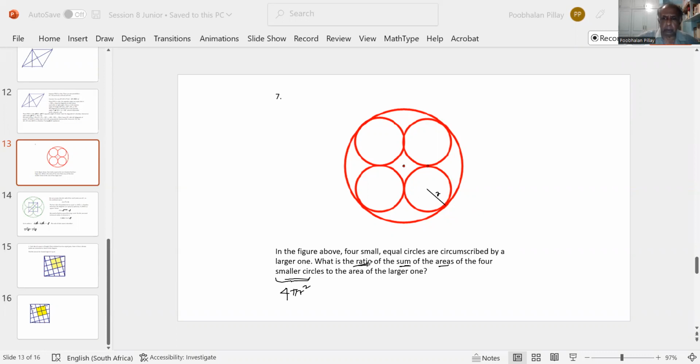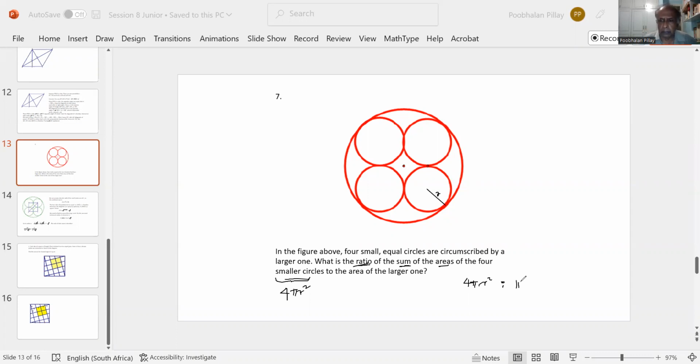So you need to work out the ratio of the sum of the areas of the 4 smaller circles, in other words, the ratio of 4 pi r squared to the area of the largest circle.